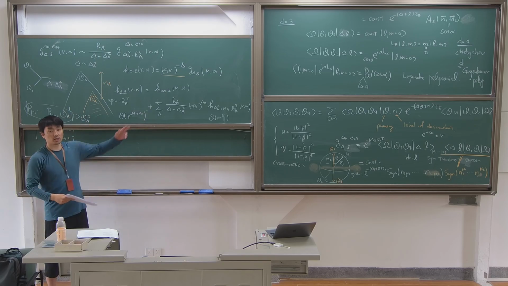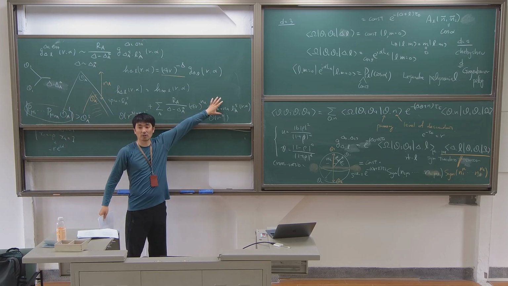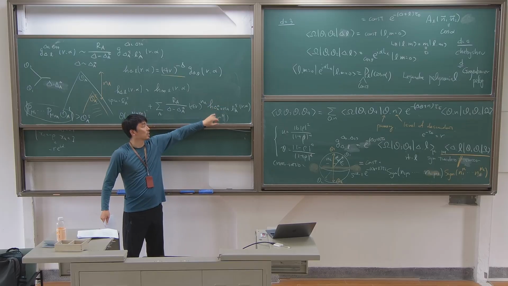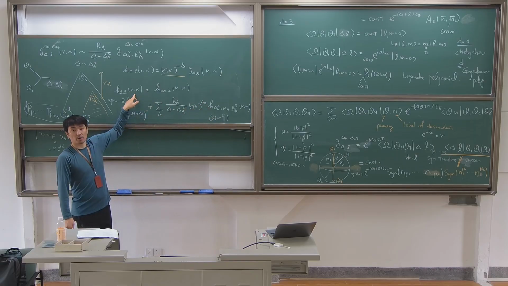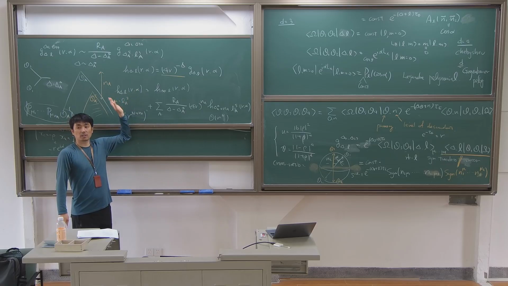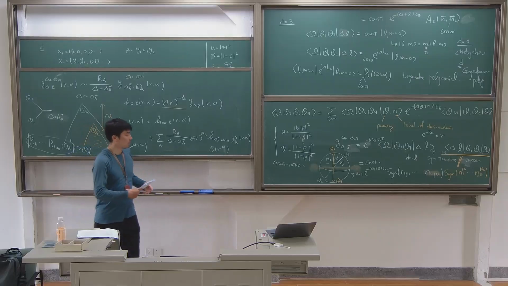So if you know this function h in terms of the function R to the n as a polynomial, and then this will multiply R to the NA, and that will give you higher order function R. So that's why this is called a recursion relation.